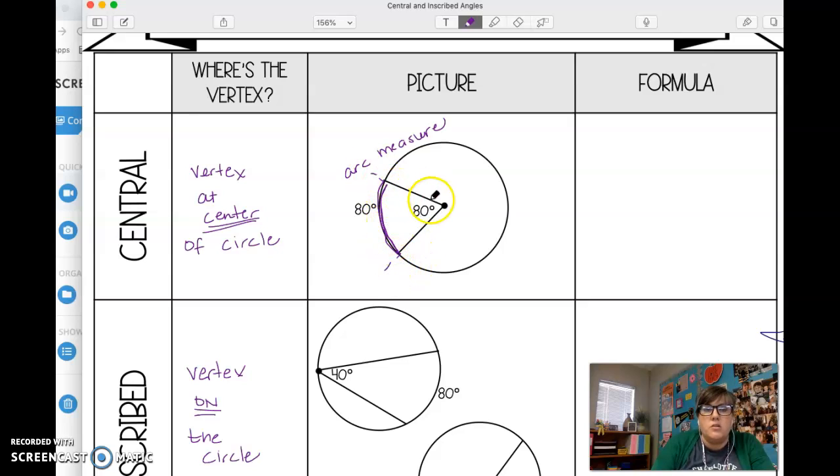So this arc is created by the angle. It's a central angle, and if you notice, the arc measure is equal to the angle measure. So for a central angle, you find the angle that creates the arc. Whatever the measure of that angle is, the measure of the arc is going to be the same.